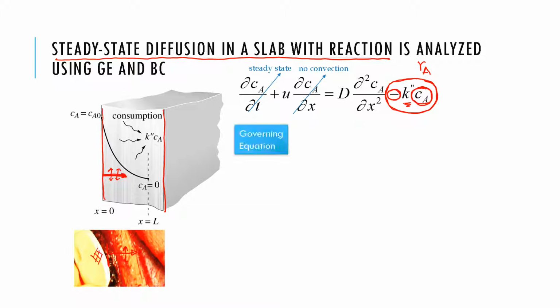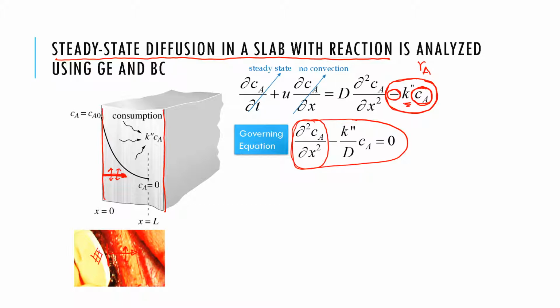This leads to the governing equation as d square C_A by dx square minus k double prime over D times C_A equal to 0. This is my governing equation. It's second order, so it will need two boundary conditions.